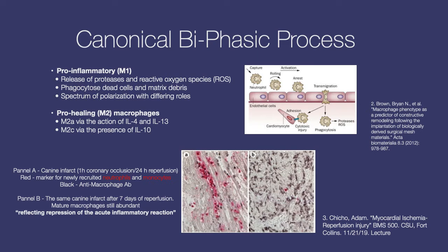In the lower panel, you can see two different slides. The first one is 24 hours after reperfusion, and panel B is 7 days after reperfusion. The cells that are stained in red in the first panel are the neutrophils and monocytes, and there are still some antibodies present for the macrophages.